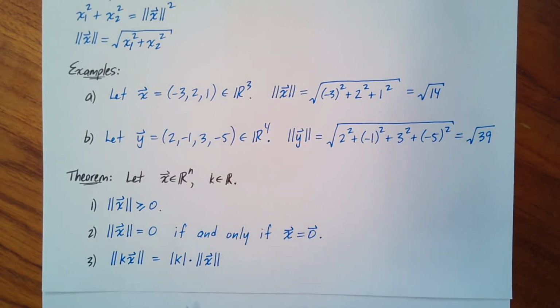So notice I didn't write the norm symbol around k. I just wrote the typical traditional absolute value notation, because k is not a vector. K is a scalar. Right, so that makes sense. If I wrote the norm notation around k, that wouldn't actually make sense because k is not a vector. Okay, so that's our first theorem about the norm formula, and we're going to prove this on the next page.